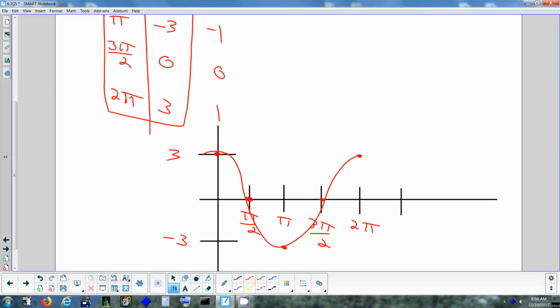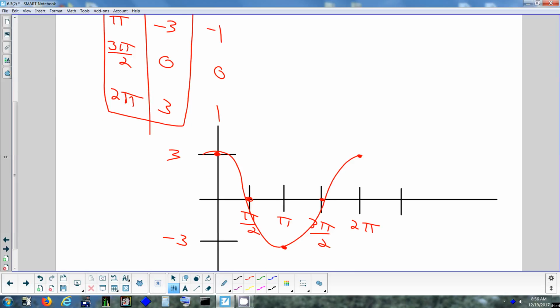Now, that graph looks pretty much the same as the kind of graphs we did yesterday with cosine. How come that graph doesn't really look different? Because you set the y scale to just 3, negative 3. Yeah, I changed my scale.